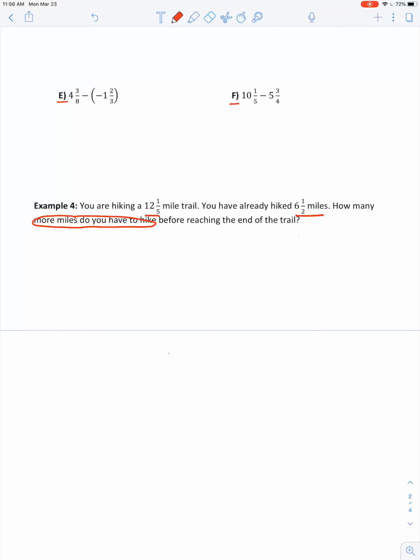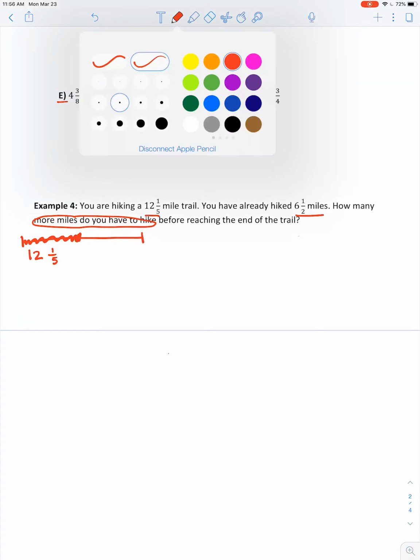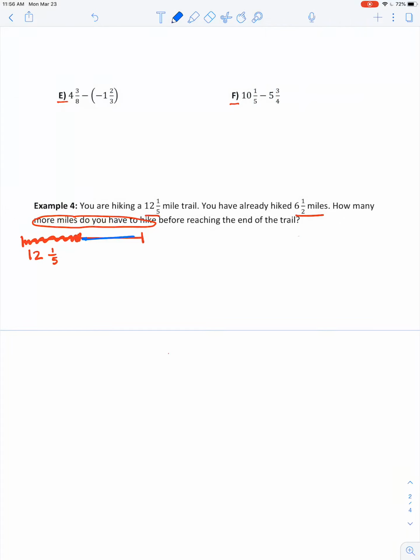So if you think about a trail that is 12 and 1/5 miles long. You have already gone 6.5 of those miles. So we want to know how many is left over. We want to find this amount. So what you can do to find this is you can take your 12 and 1/5 minus your 6.5.